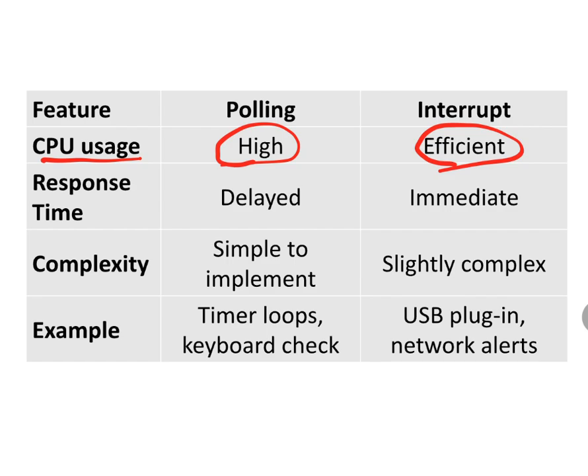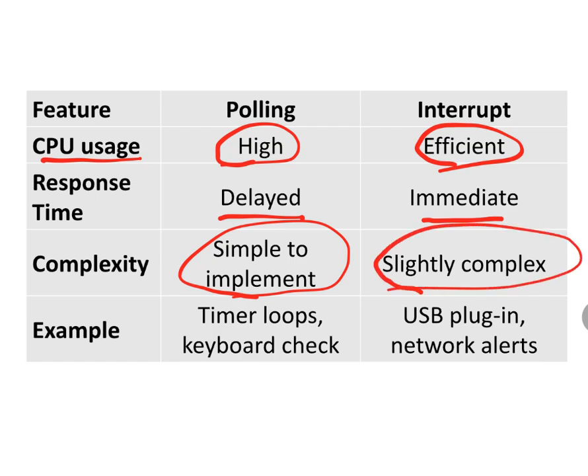The response time in polling is delayed because after a particular time frame it will check again and again, whereas an interrupt gives a prompt response. Polling is simple to implement, while interrupt is slightly complex. Examples of polling are timer loops and keyboard checks, while for interrupt, it's USB plugging or network alerts.